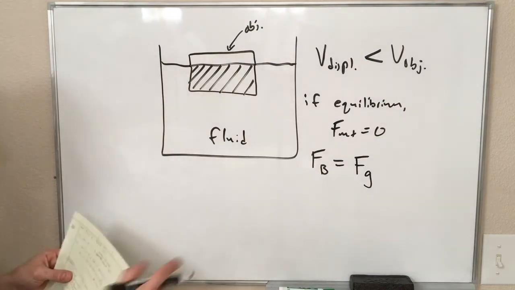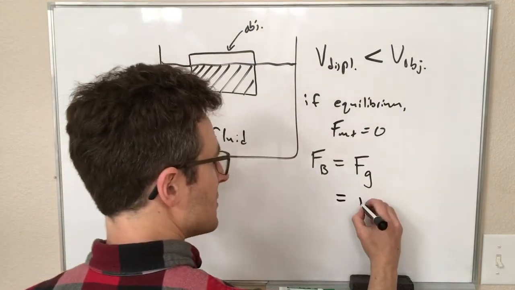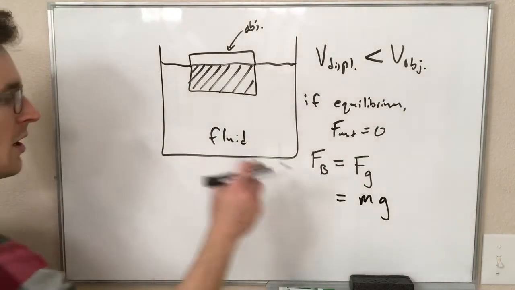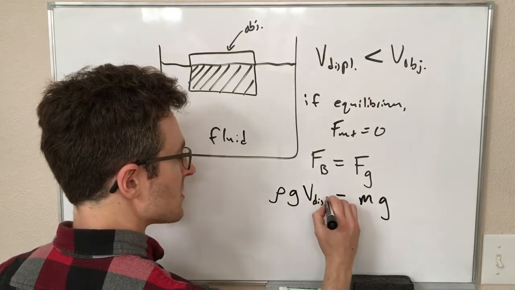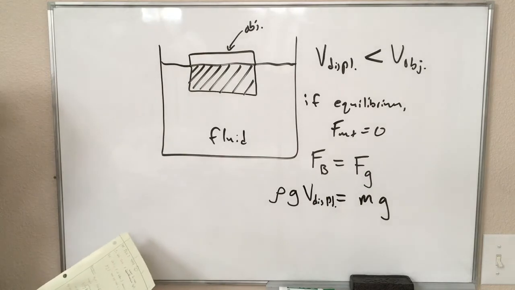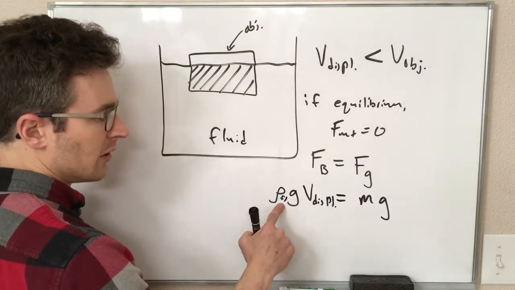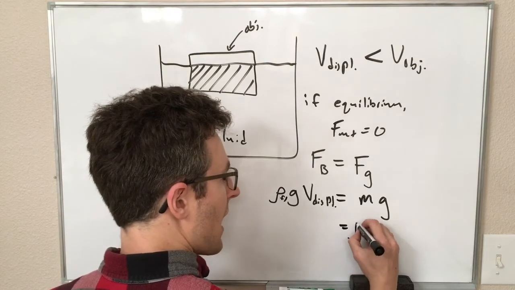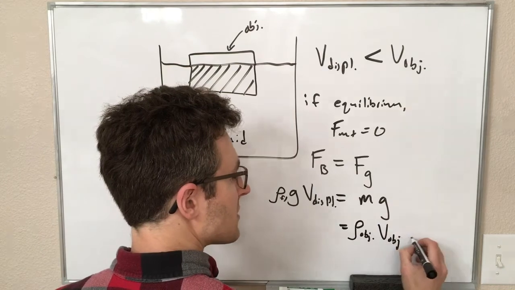So let's just plug in for these. Our force of gravity is equal to mg for the whole object, right? The mass of the whole object. The buoyant force is equal to rho g times V displaced, the amount of fluid that's being displaced, and this rho is the density of the fluid, FL. I could plug in for this mass as the density of the object times the volume of the object, right?